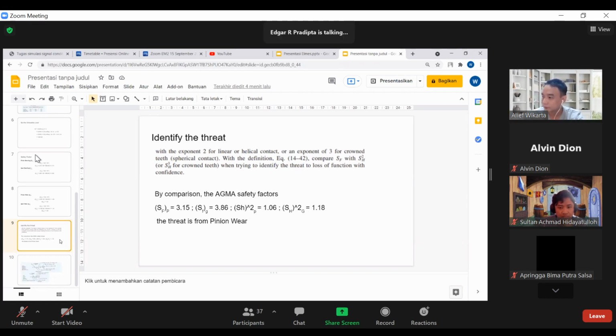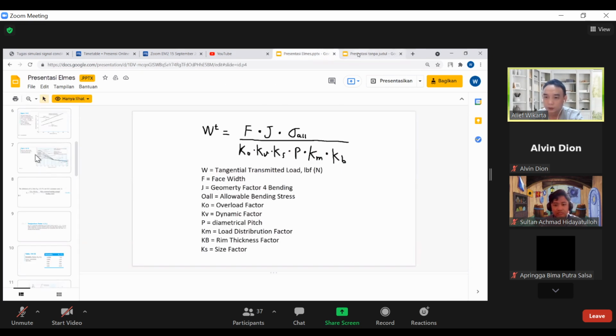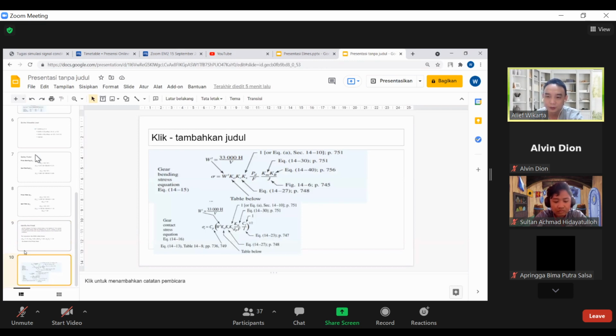I am still confused: can we use load for the safety factor, sir? Because when we look at the book, we usually use stress. Usually the safety factor is some stress divided by another stress.